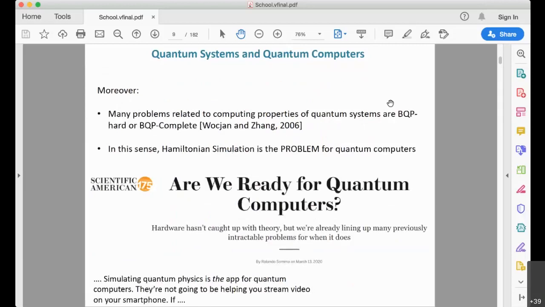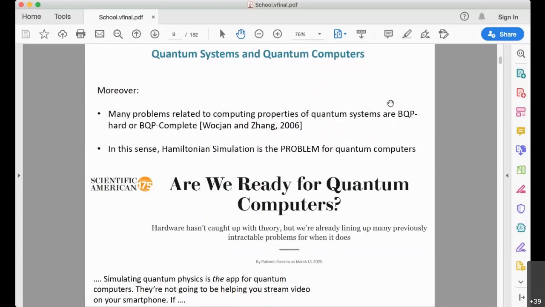Moreover, we now know that many problems related to computing properties of quantum systems are BQP hard or even BQP complete. There is a nice paper in 2006 by Janzing, Wocjan and Zhang, where they show basically that if you find ways of dealing with a quantum simulation problem on a quantum computer, pretty much any other problem that can be solved with a quantum computer reduces to it.